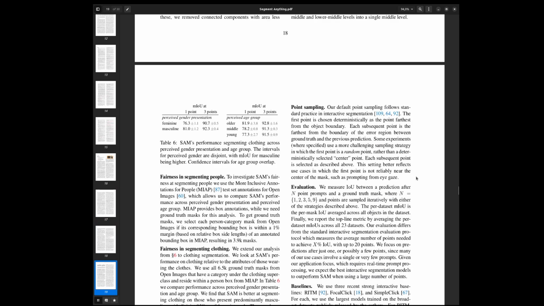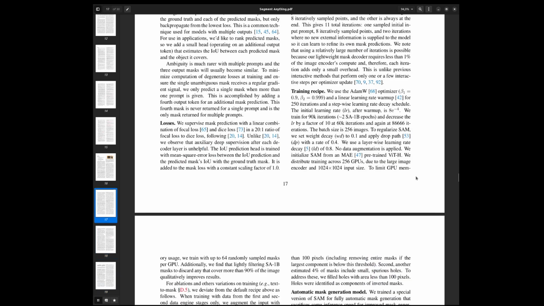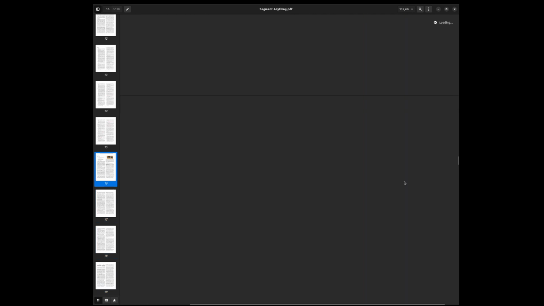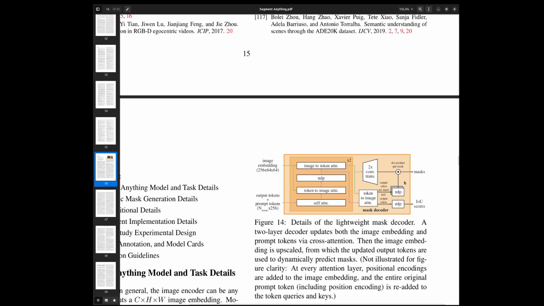You get the masks, you get the score, and you get something called logits. I'm not really sure about it. I think it's probably just this part here.